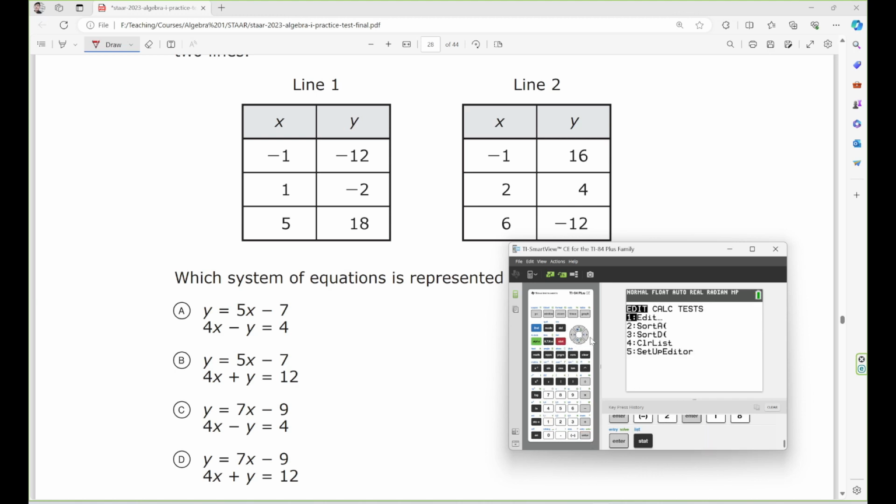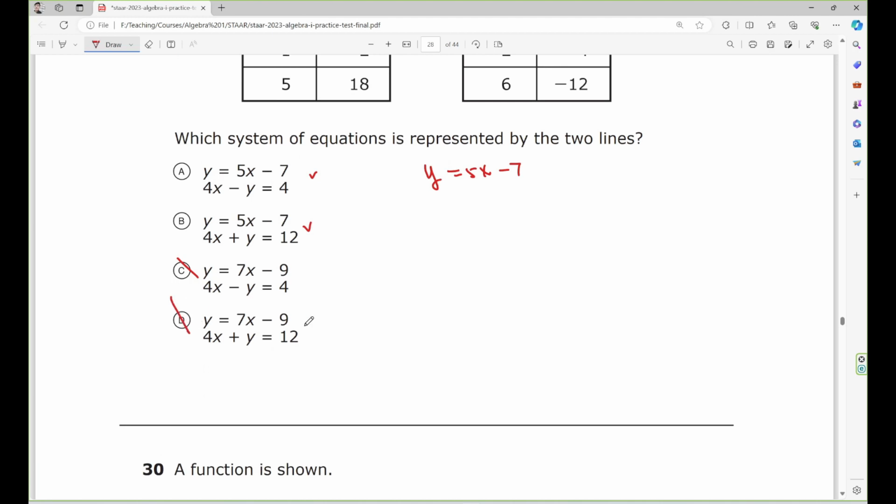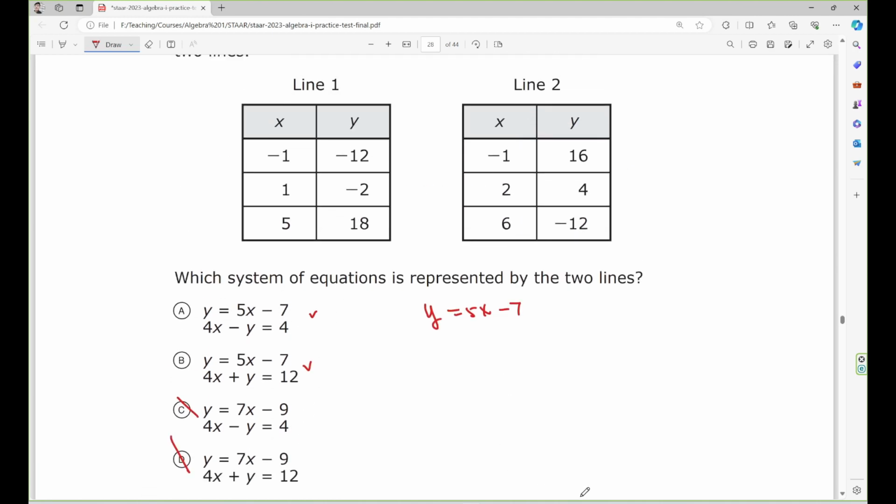Hit STAT, CALC, because it's a linear function, so it should be number 4. Go down to LinReg, hit VARS, Y-VARS, Function, Y1, Enter, Calculate. So y equals 5x minus 7 for the first table. This could be right. This could be right. This is wrong. This is wrong.